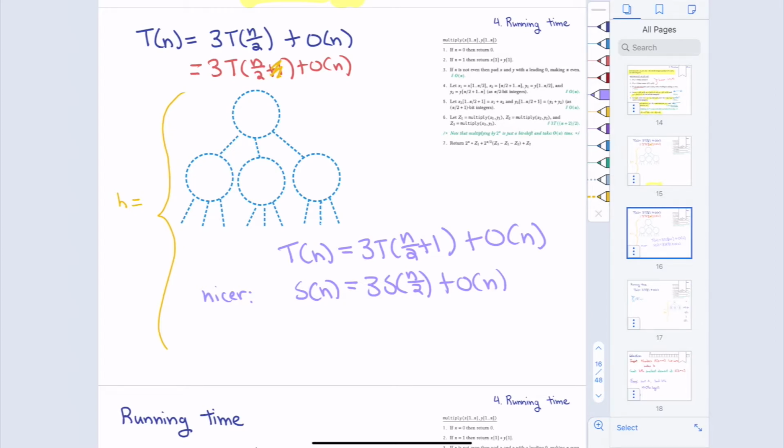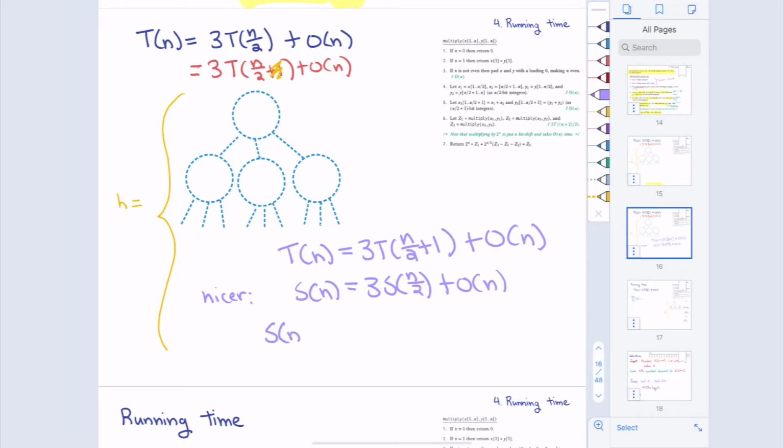Now, what you can do is define S of n to be T of n plus alpha, for some alpha to be determined. So that if I then plugged in S of n equal to T of n plus alpha, I would get the nice recurrence.